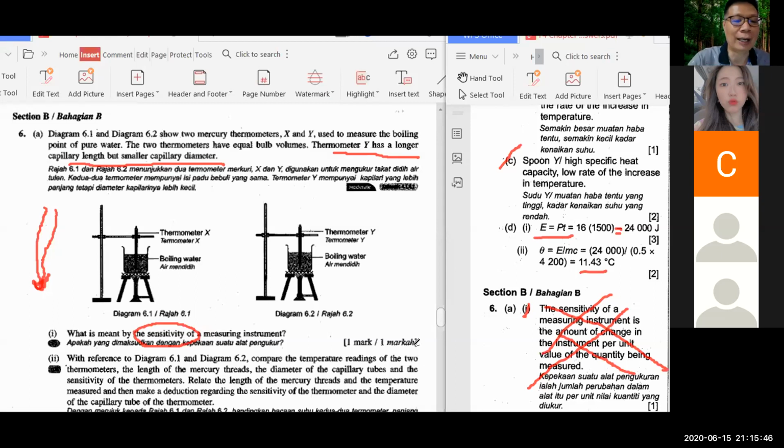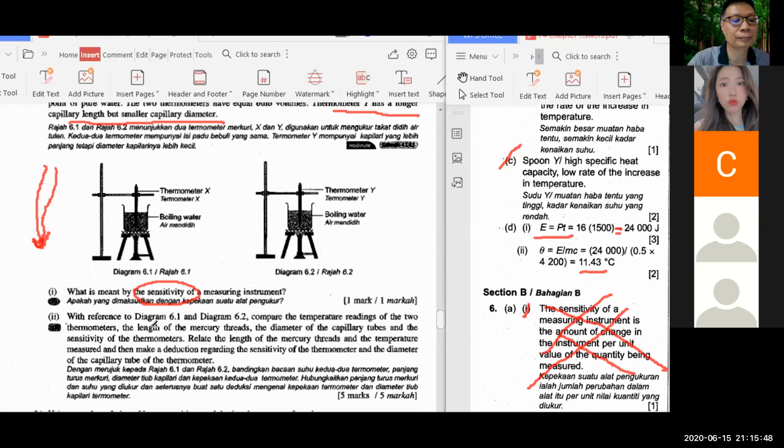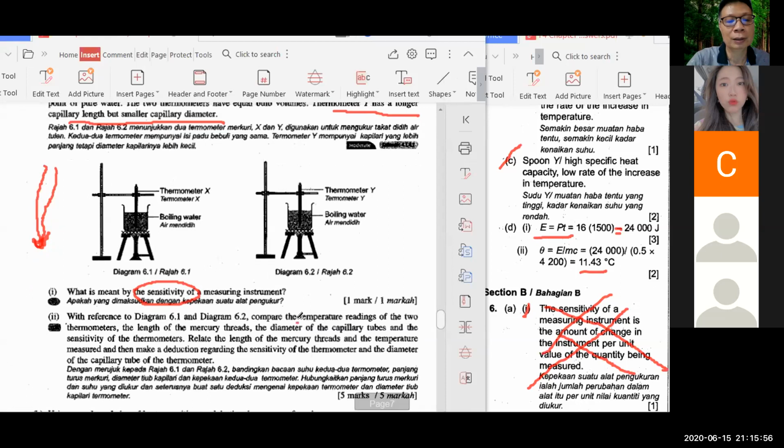Okay, now the second one. With reference to diagram 6.1 and 6.2, compare the temperature reading of the two thermometers. First one, what is the temperature reading here? What is the temperature reading here?